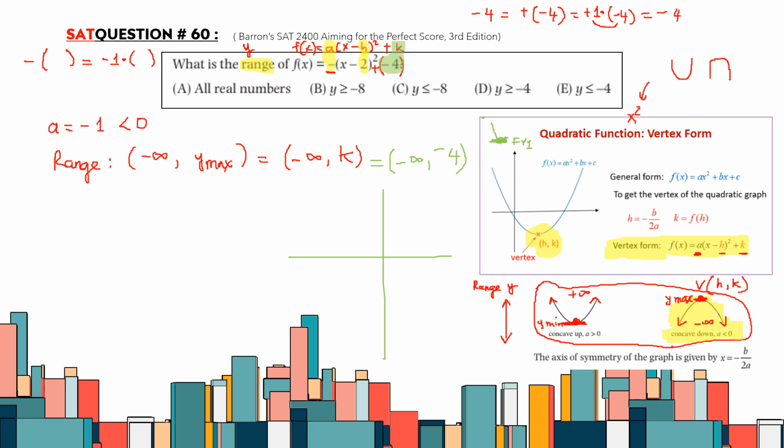I know that the vertex will be at h is 2, comma k is -4, so we go over 2 and down 1, 2, 3, 4. I know the graph will look like that.